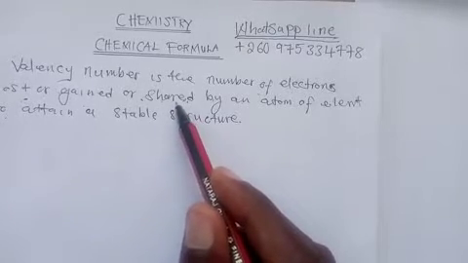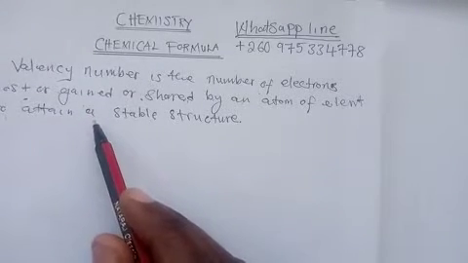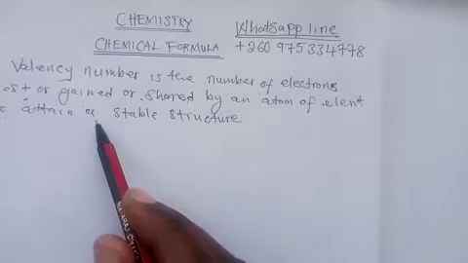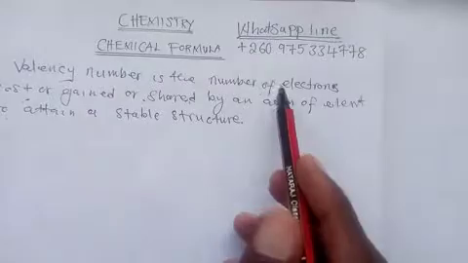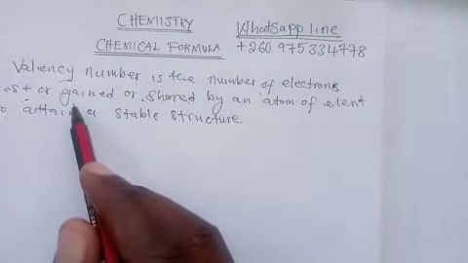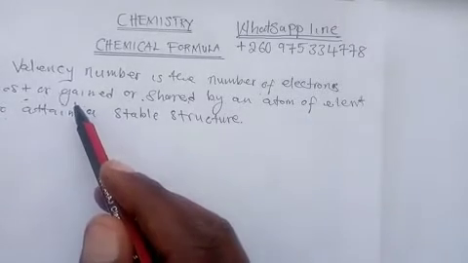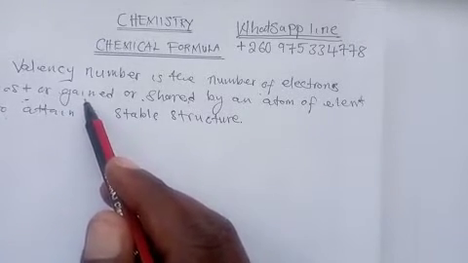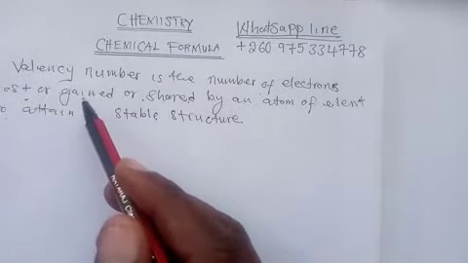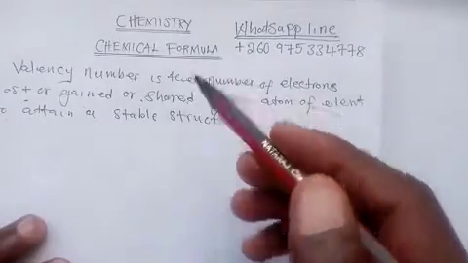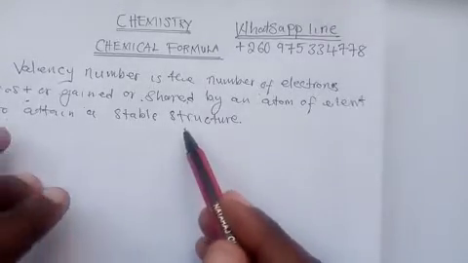Sharing of electrons is between non-metals, but losing and gaining of electrons is between metals and non-metals. It is the number of electrons that an atom of element loses or gains or shares to attain a stable structure.